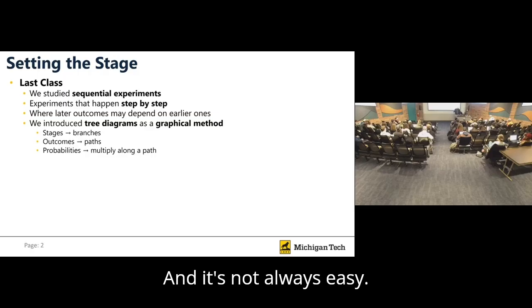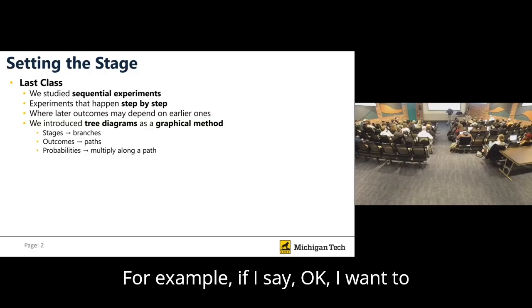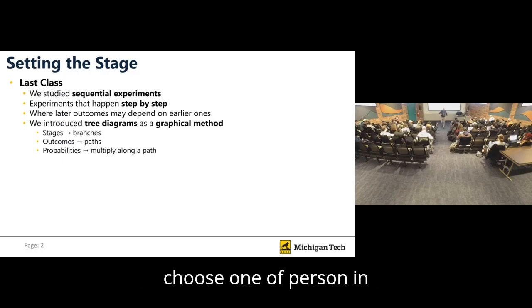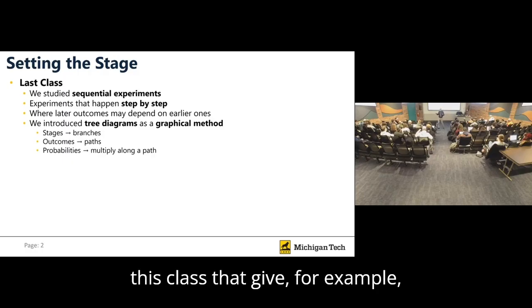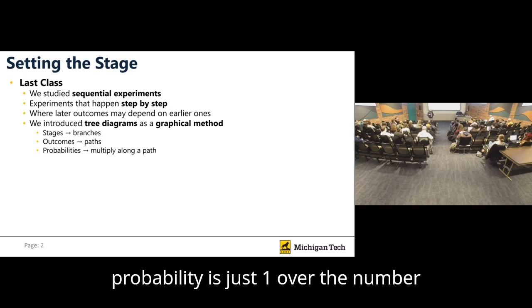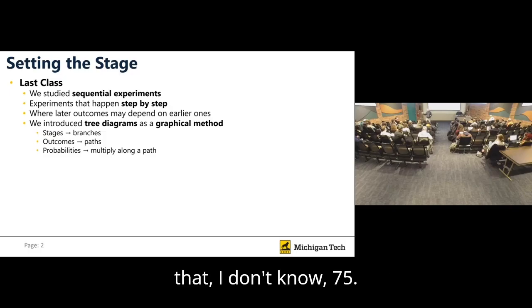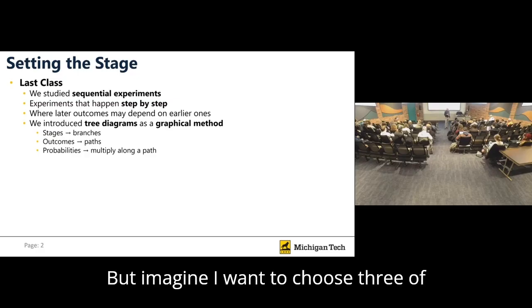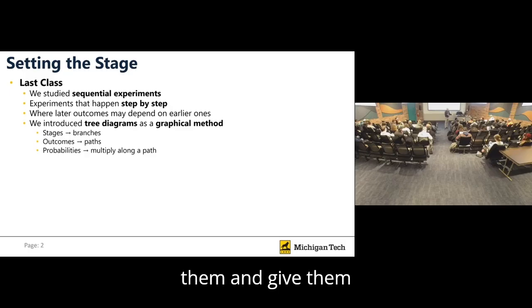And it's not always easy. For example, if I say, okay, I want to choose one person in this class to give, for example, a present, the probability is just 1 over the number, I don't know, 75. But imagine I want to choose 3 of them and give them different prizes. In that case, it matters.